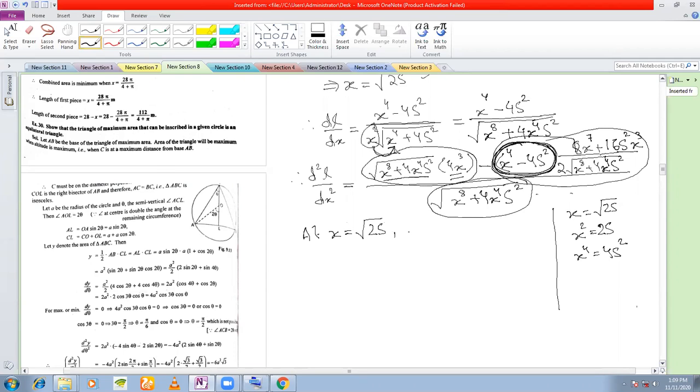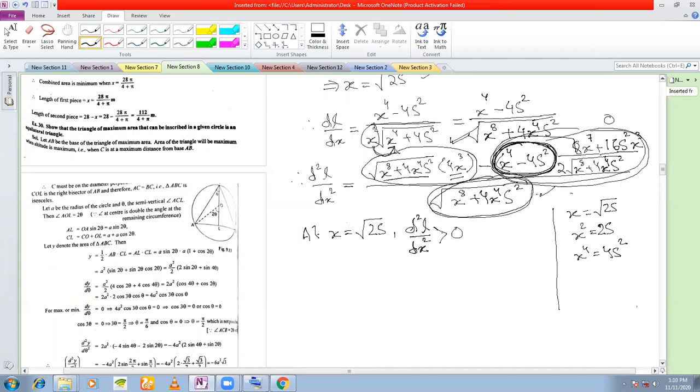That means at x is equal to root 2s, what is the sign of d2l by dx2? This is positive, this is 0, this is positive. That means this entire thing has to be positive, because this part is entirely 0, and this part is positive.